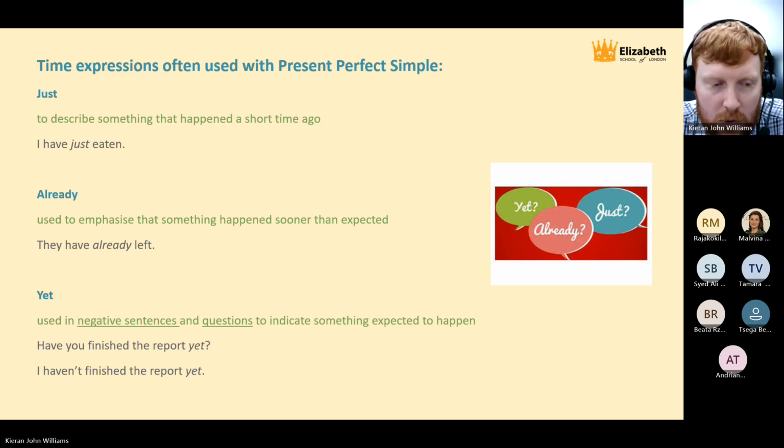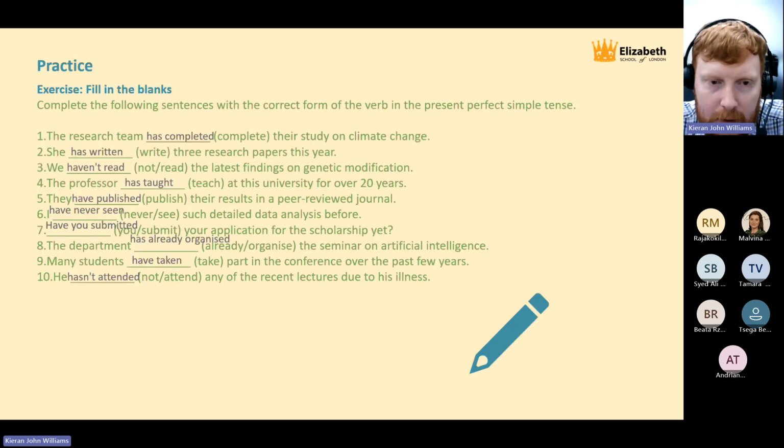Okay, so we've had a lot of information there. I think it's a good idea to, again, have a practice here. Okay, so you are given the verb in the sentences here. You just need to complete the sentences with the correct form of that verb in the present perfect simple.